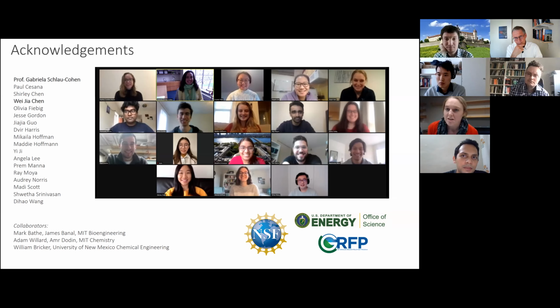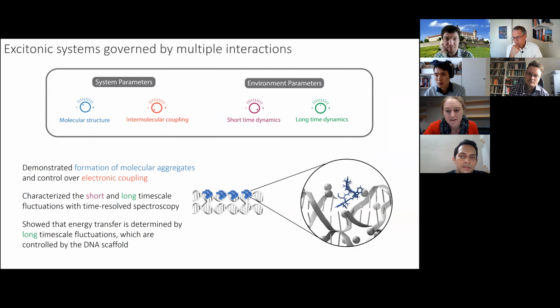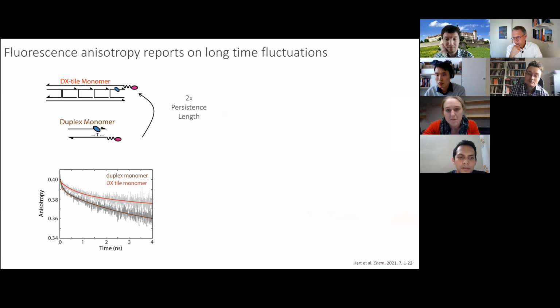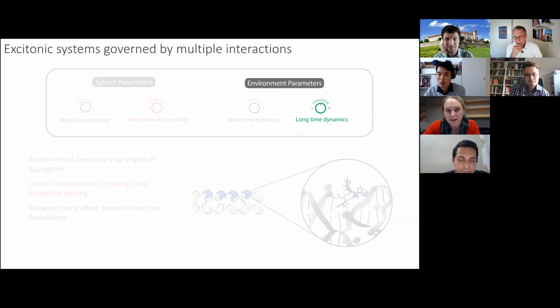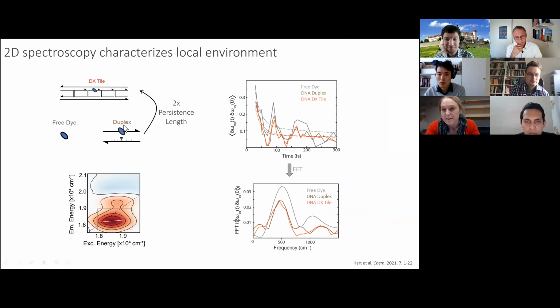There could definitely be more work in this space, particularly looking at the solvent dependence of the short time scales. We just considered this in the case of a free dye in solution, as well as here, I can go back to these slides, it's probably helpful. We've looked at a free dye in solution as well as within the DNA scaffold itself.